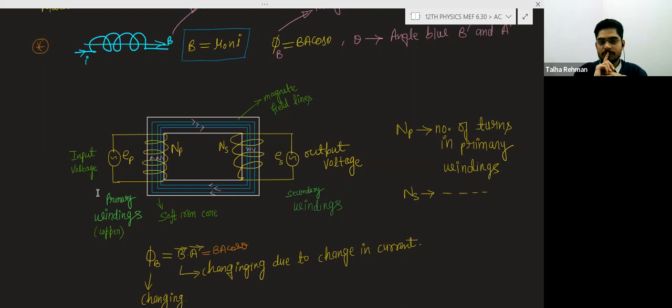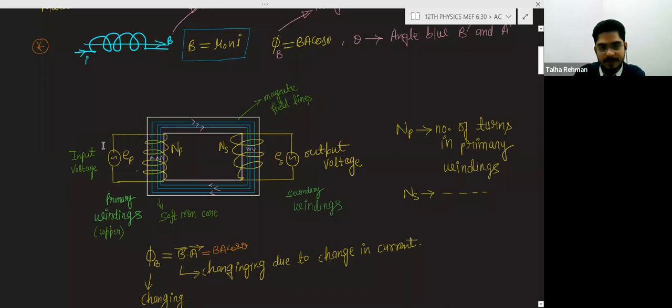This is the input voltage, the voltage you are initially providing to the transformer. Now how does the transformer transform this voltage? Suppose you are providing some input voltage here to this transformer. Suppose EP is the voltage across the primary winding.